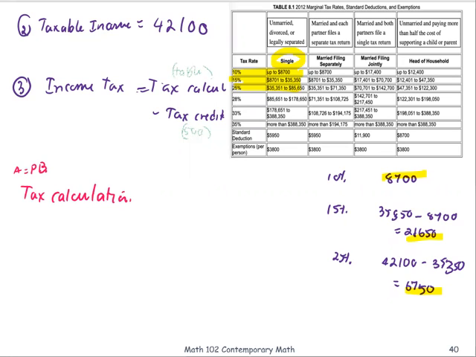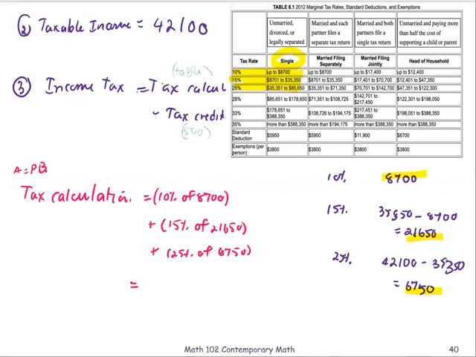For the tax calculation, the first tier is 10% of 8,700, added by 15% of 21,650, and then plus 25% of 6,750.